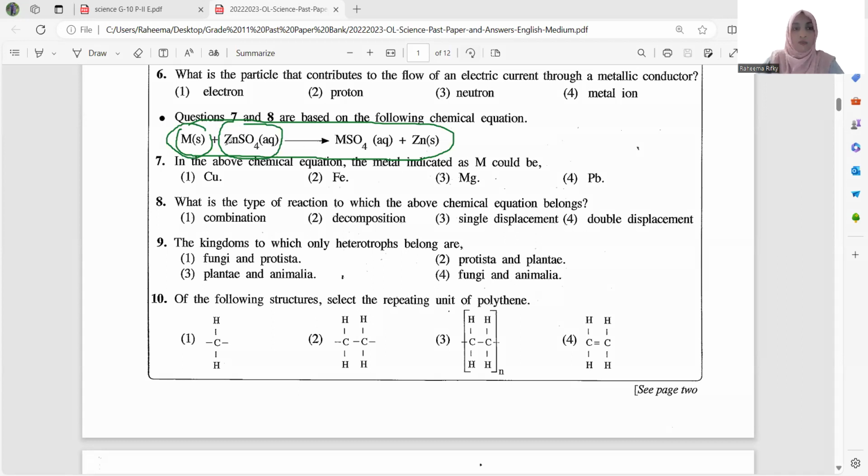Now you can see zinc is displaced and removed here, and to that place this M has joined. So now they have got a compound called MSO4. And you know the sulfate ion, SO4, is SO4 2 minus, so its valence is 2.